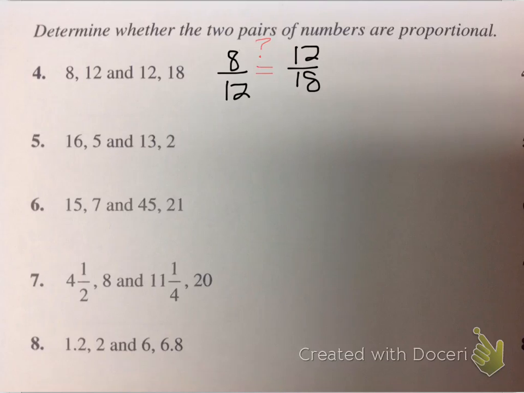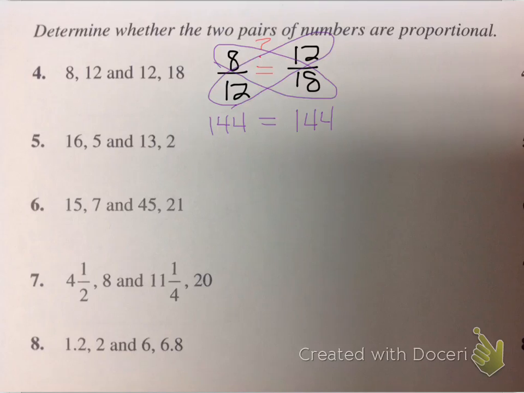So if we look at cross products, that would be 12 times 12, which would be 144. And that would be 8 times 18. Now, I'm not as familiar with that, so I'm going to go ahead and use my calculator. That is also 144.